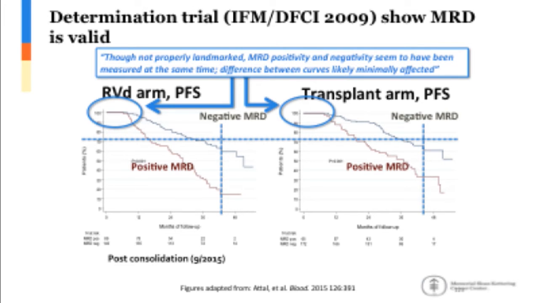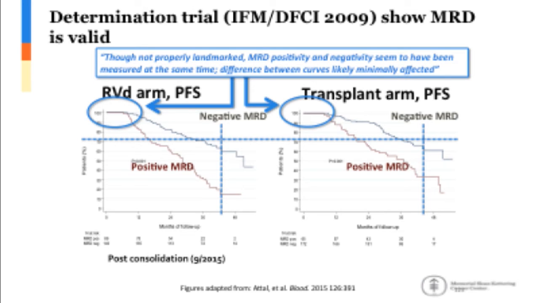In this case, I'm not so concerned because it looks like MRD status is measured at the same time, right around 12 months. If you look at it, you probably can't see the x-axis, but right around 12 months, that's when it looks like MRD positivity and negativity is measured. And if you landmarked it, it probably wouldn't look very different. So I'm not as concerned with this one.